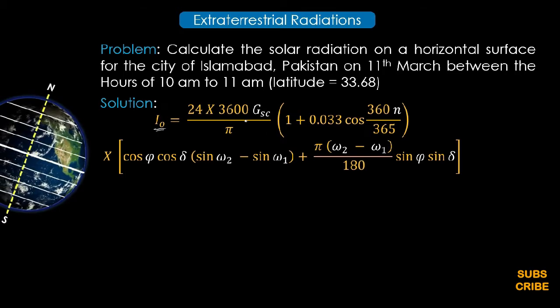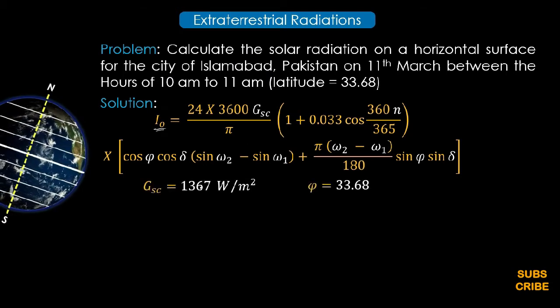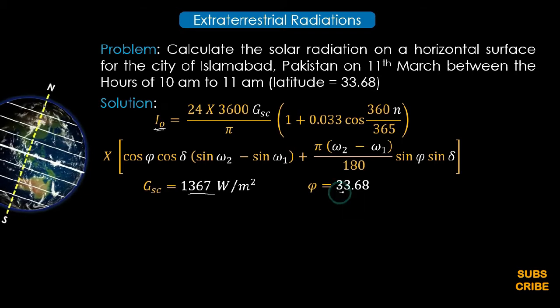So for the knowns, we have the value of the solar constant, GSC, 1367 watt per meter square, and the latitude of the location Islamabad, that is 33.68.